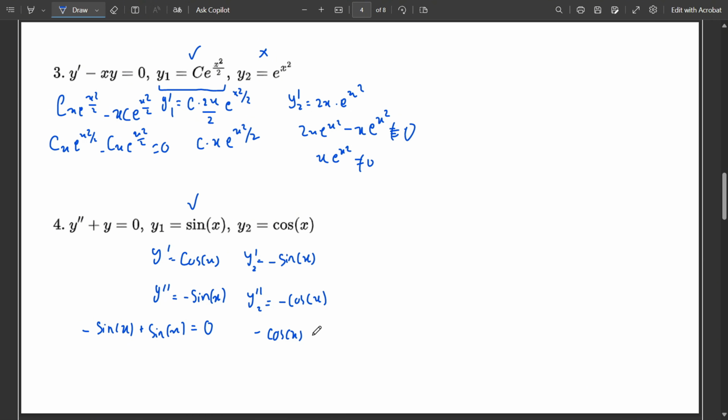So we have negative cosine of x plus y, cosine of x. Okay, and this does equal 0. So the given solution is a solution to this differential equation. So let's move on.